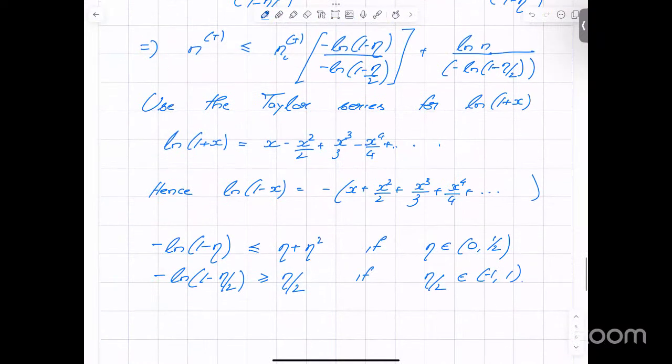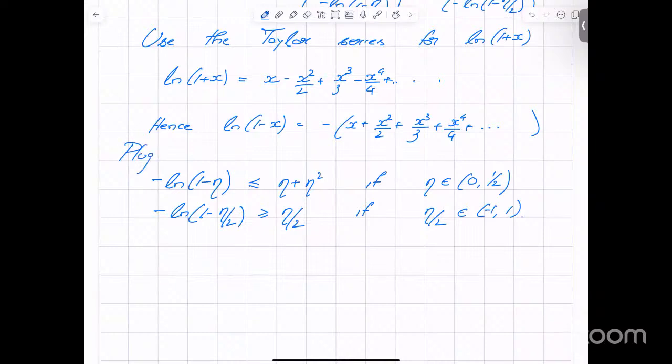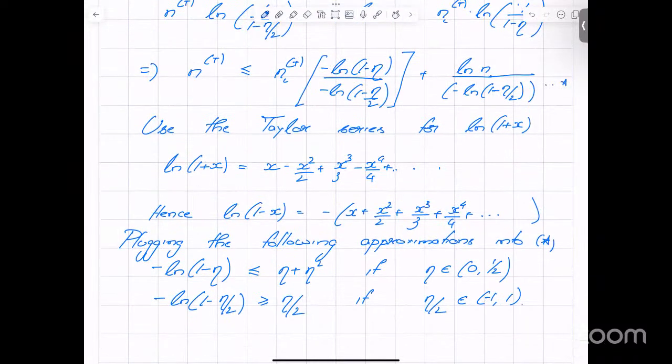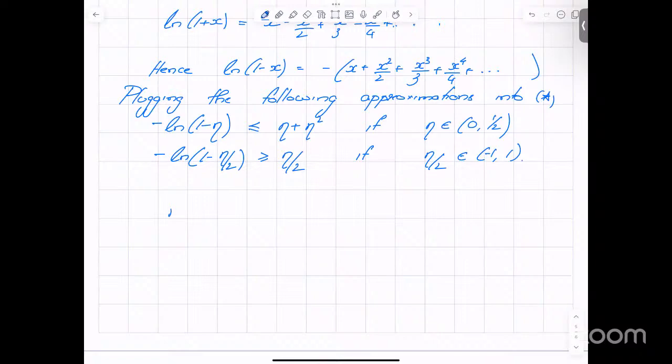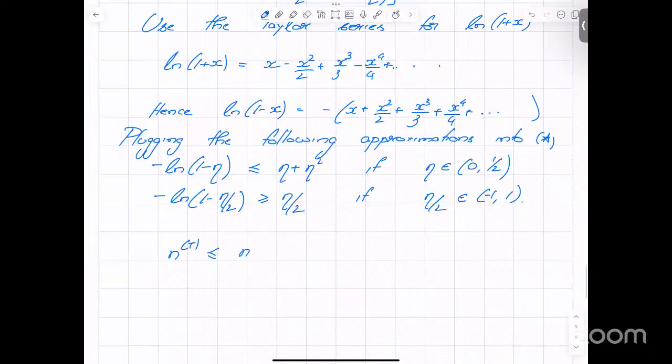Now let's go back, plugging in the following approximations. We're going to get n of t is less than or equal to ni of t times the numerator, eta plus eta square, over the denominator, eta by 2.